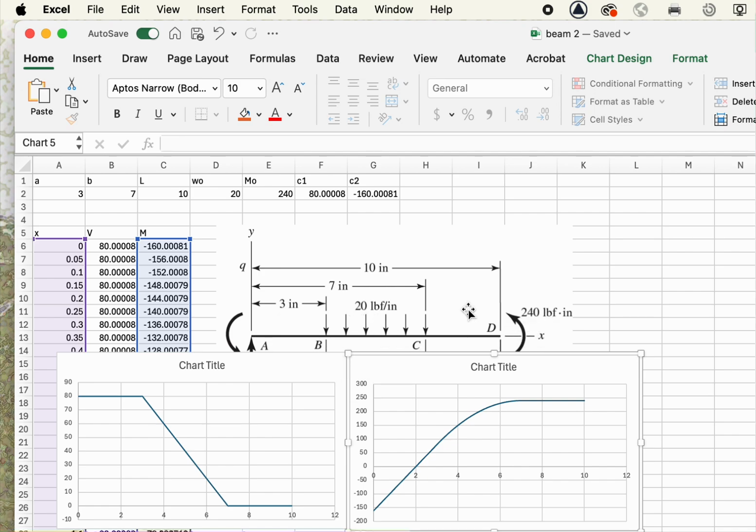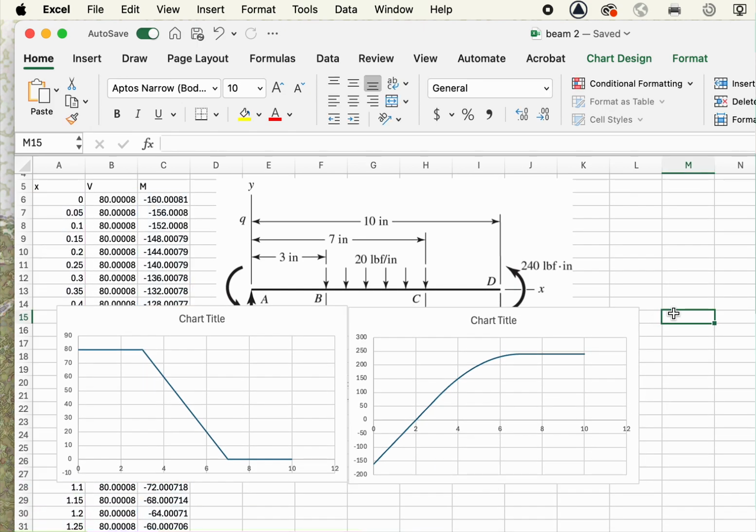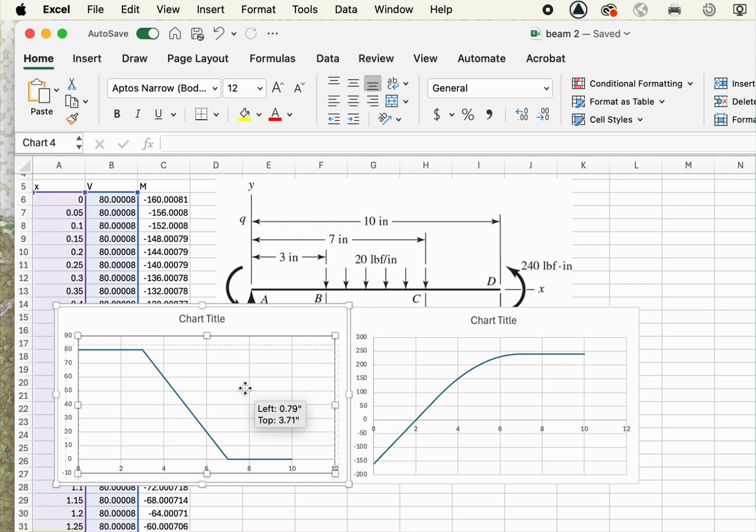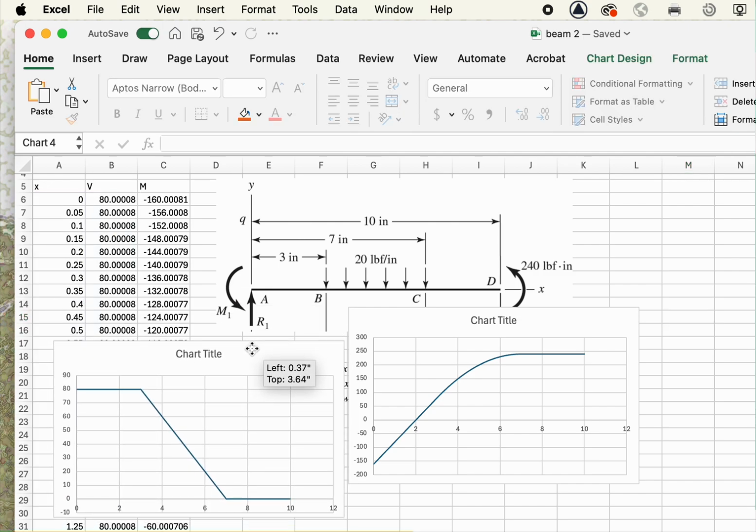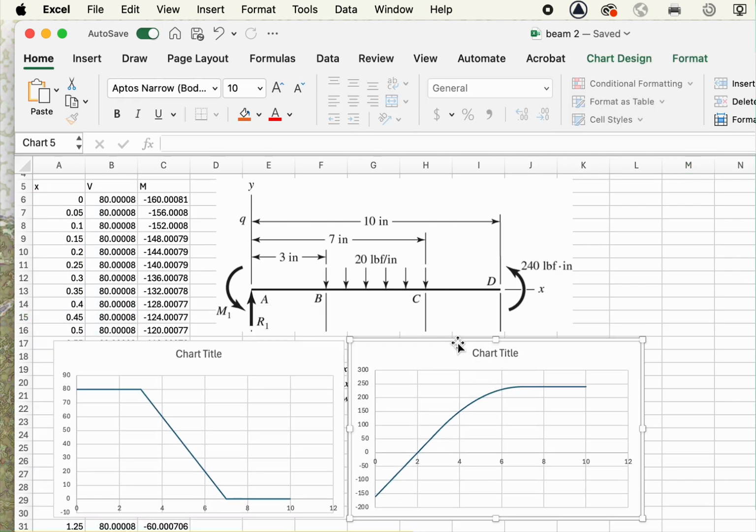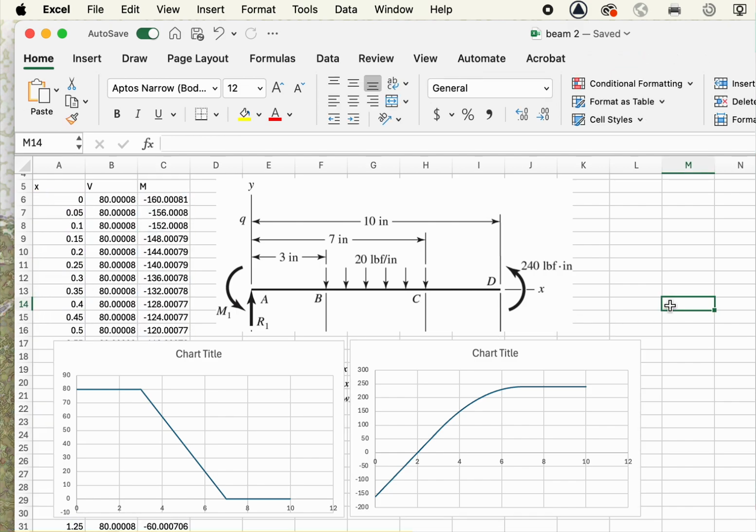This is not enough to prop up that distributed load. So this distributed load is going to be bending it down initially. It'll cross 0 here and then come up to the applied bending moment of 240 right there. So there's the shear force and bending moment diagrams for that beam in Excel.